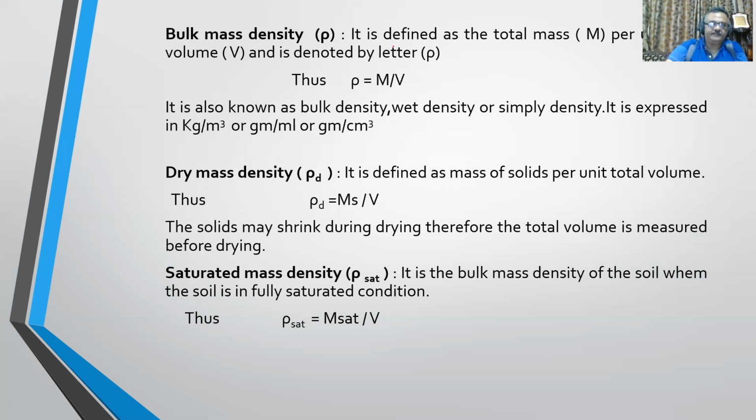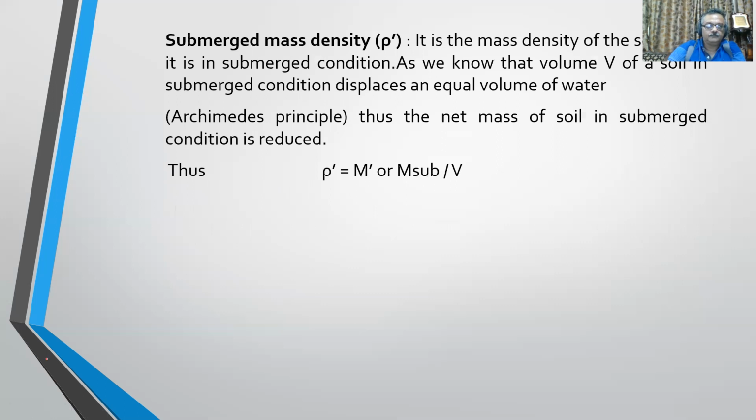So these are the definitions of bulk mass density, dry mass density, saturated mass density, and submerged mass density.